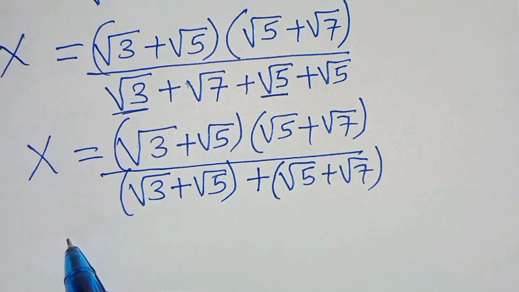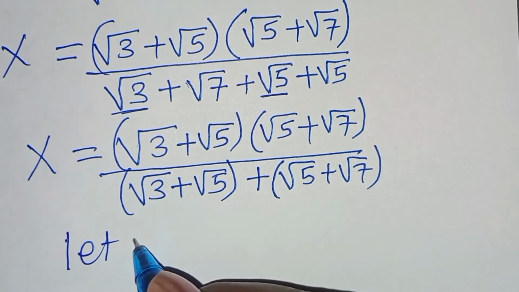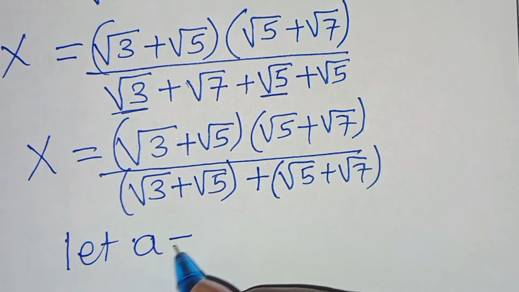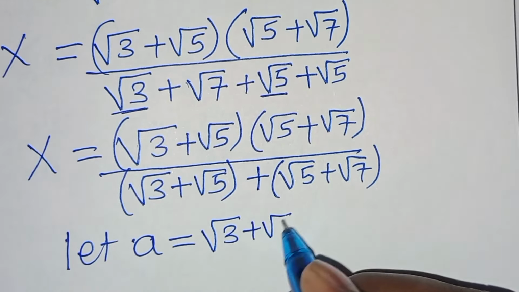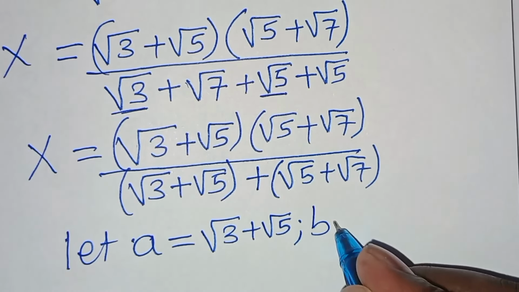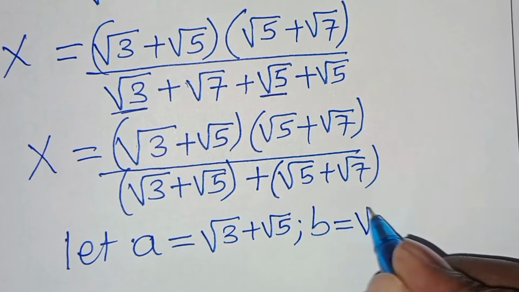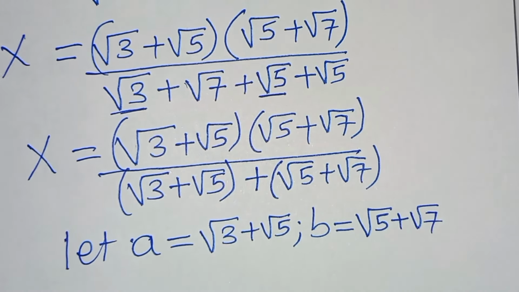So from here, we can just say let a be equal to square root of 3 plus square root of 5. And let b be equal to square root of 5 plus square root of 7.